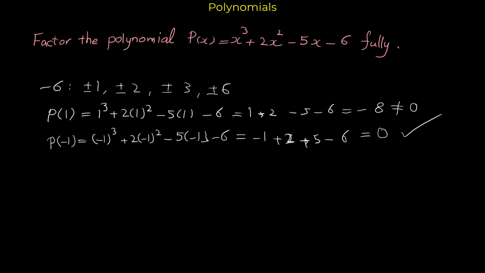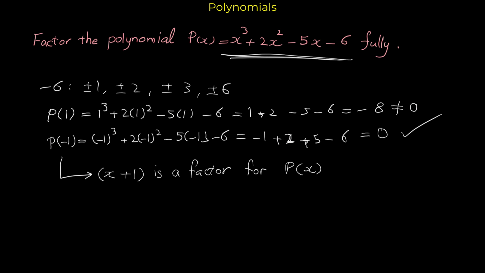So, because p of -1 is 0, we know that x plus 1 is a factor for p of x. So now we know that one of the factors of this polynomial is x plus 1.